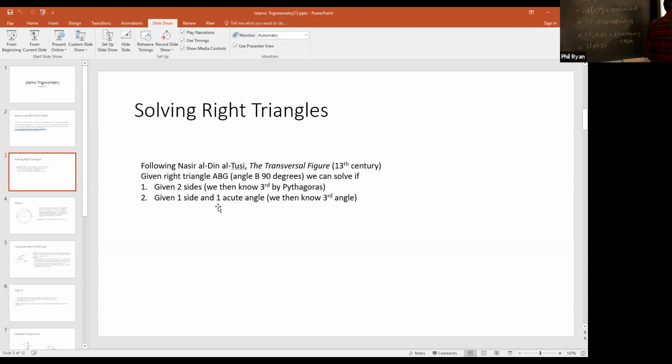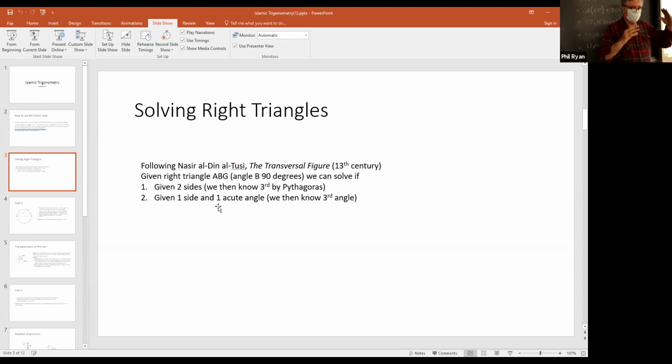Okay, and so if you're given a right triangle, you think, well, what's the minimum amount of information that you need? Well, you can solve it if you're given any two sides. Given any two sides, then you can find the third side using Pythagoras' theorem. And then by using trig, you can solve what the angles are inside. If you're given one side and one acute angle, right?